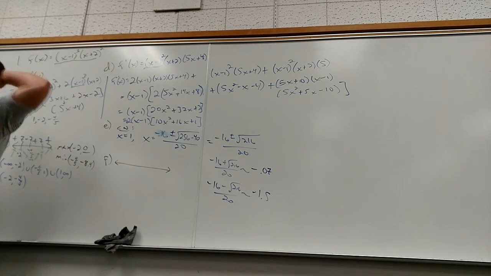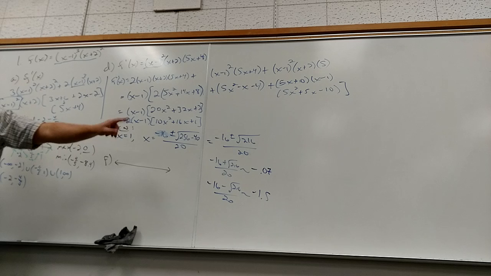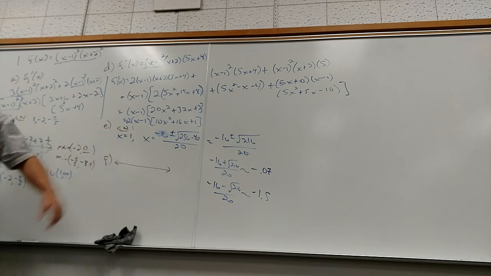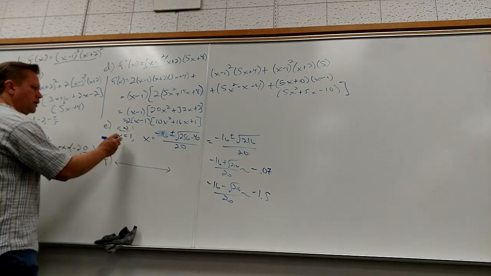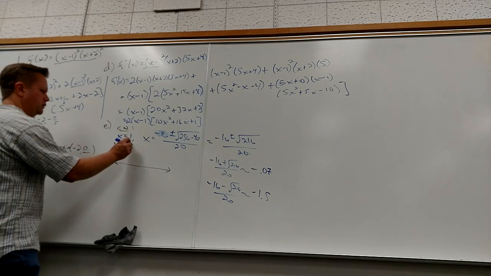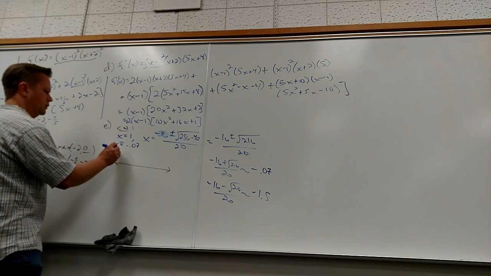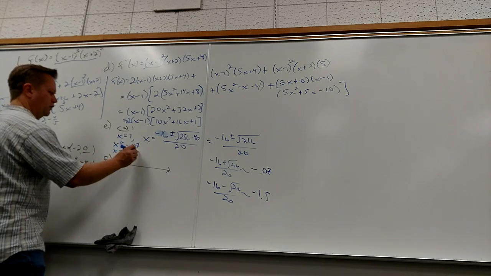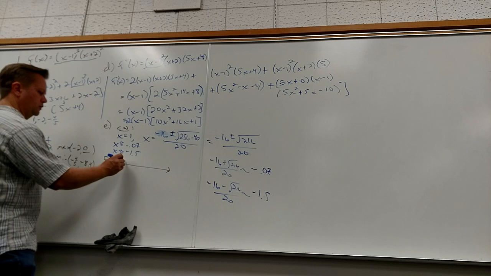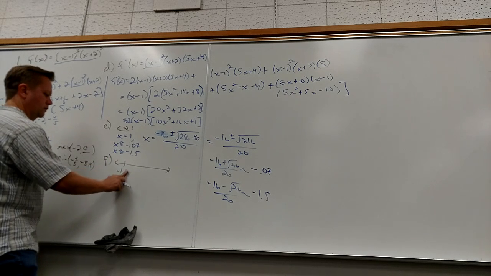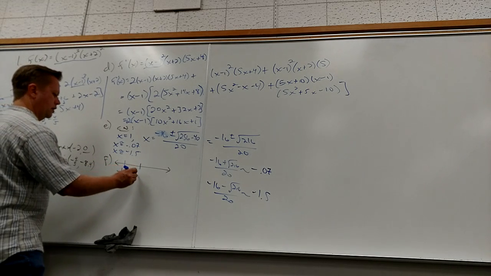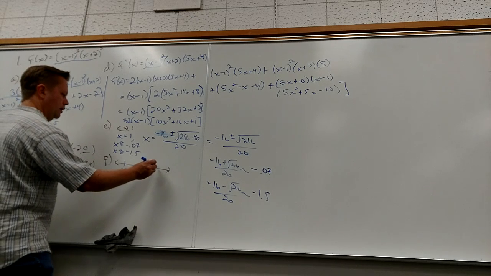And sometimes we do some stuff and then we forget what we just did. What are those two things? Two more critical numbers. So we got x equals 1, x equals negative 0.07, and x approximately negative 1.5. So we got negative 1.5, negative 0.07, and 1.